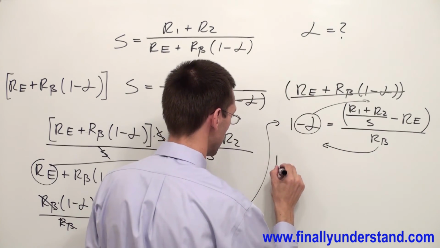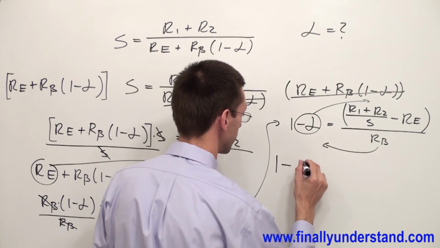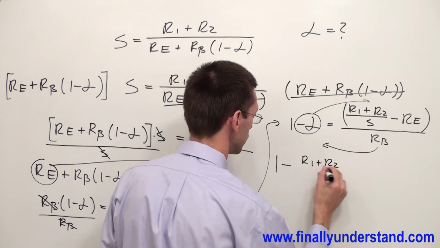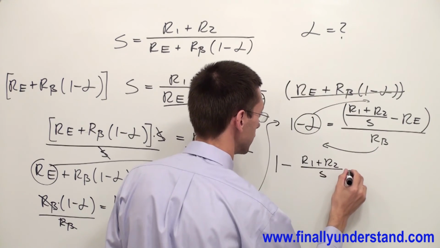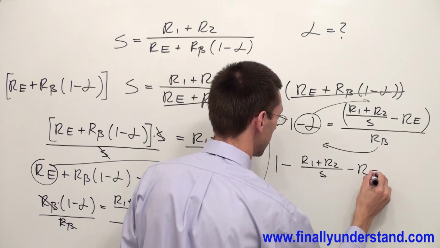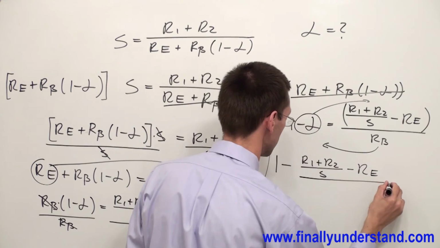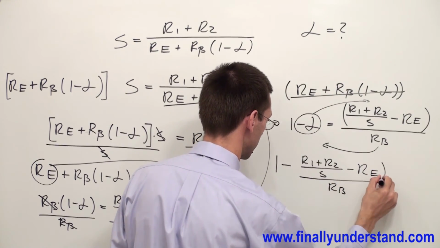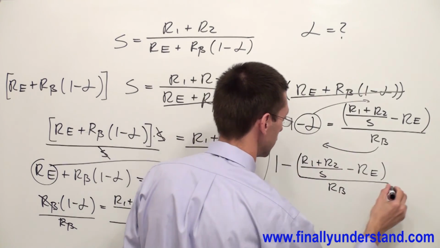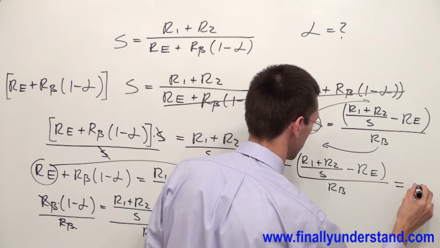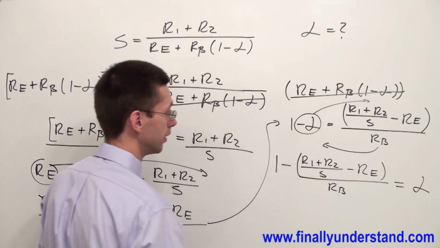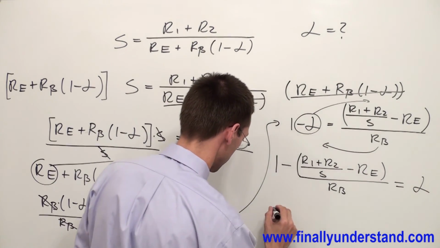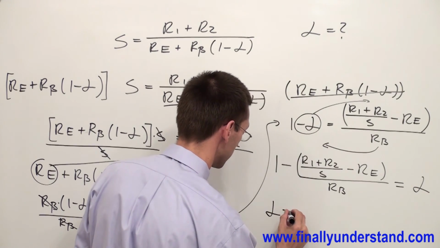That's why I'm going to have 1 minus (R1 plus R2 over S minus Re), everything over Rb, is equal to alpha.